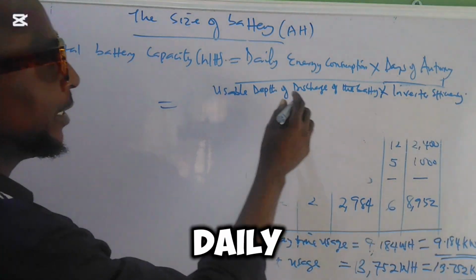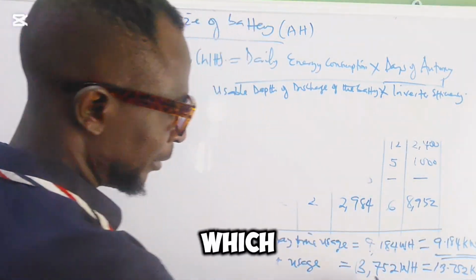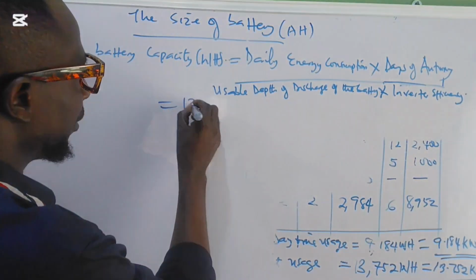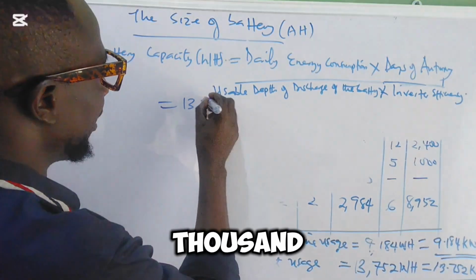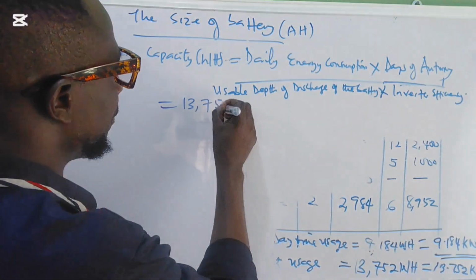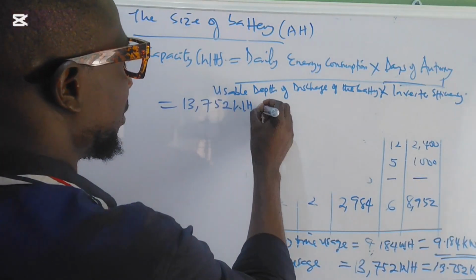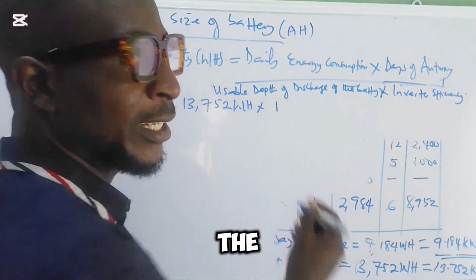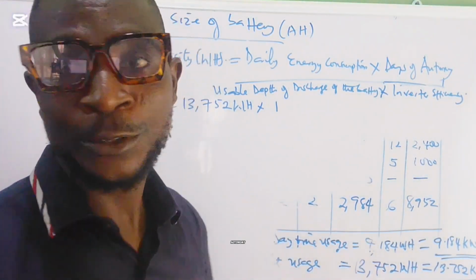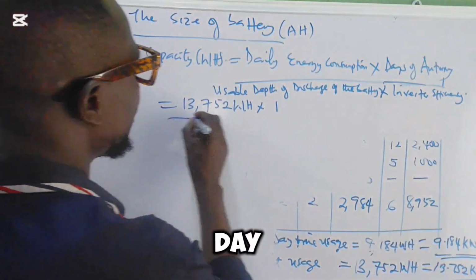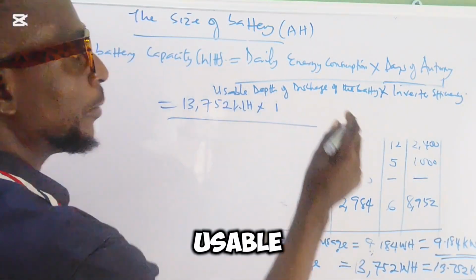Now we have the daily energy consumption, which is our night load, is 13,752 watt hour, times the days of autonomy. We use 1 day. Then the usable depth of discharge.